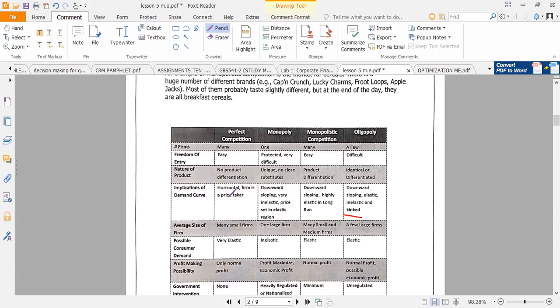Then the demand curve is horizontal, it's a straight line, meaning they are price takers. Then the size of firms is averagely very small. They're small firms.